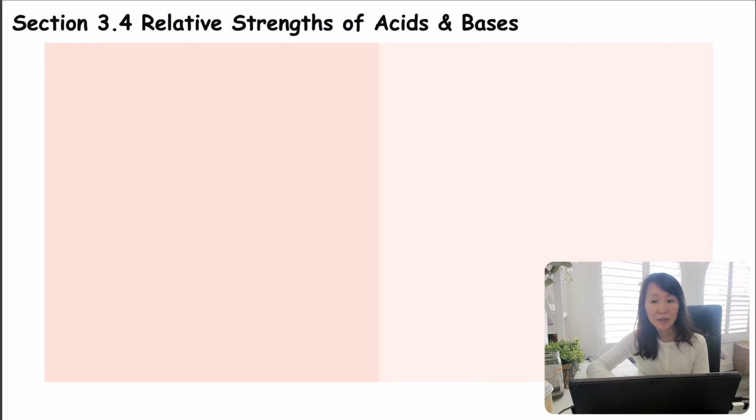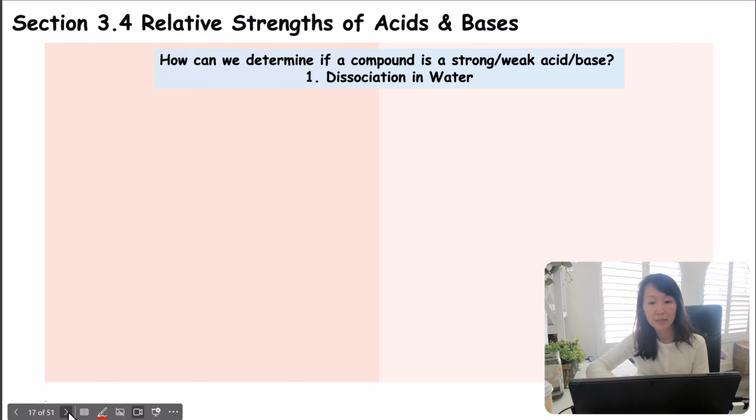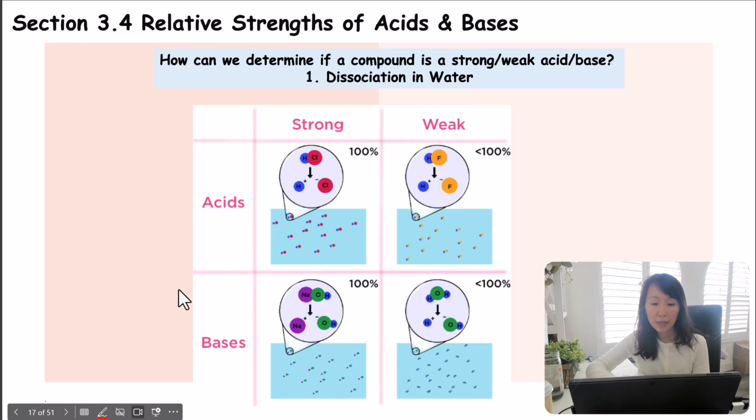The very first thing that we want to look at is the dissociation in water. Will this compound dissociate in water, and how much of it? For example, if the acid, like HCl, completely dissociates, all or most of the hydrogen and chlorine have split apart in water, then we consider that acid strong.